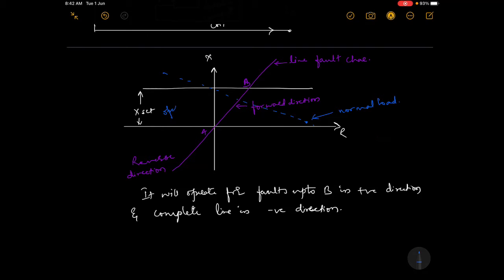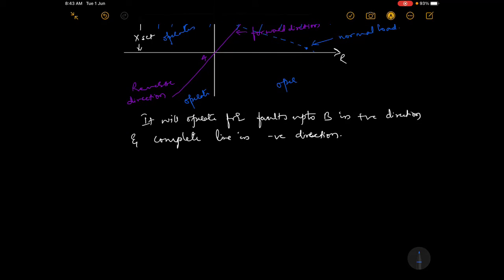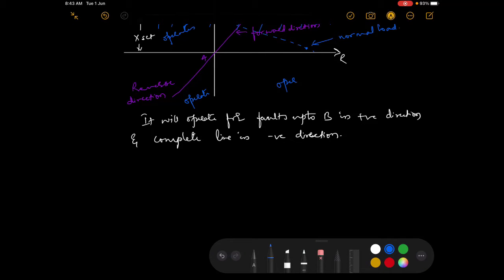Here it operates, here it operates, and here also it operates. So this entire region below this, it simply operates. So this point, which is normal load at a unity power factor, then your relay will trip, which is undesired, which is what we do not need.